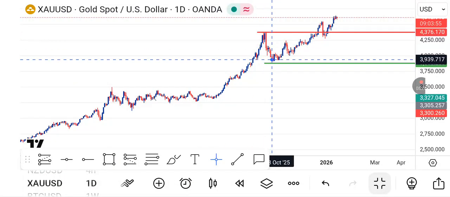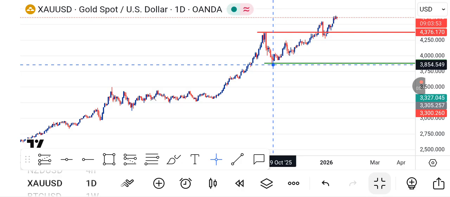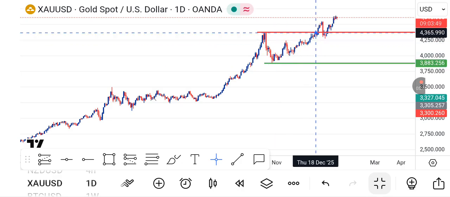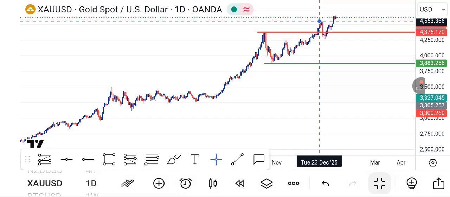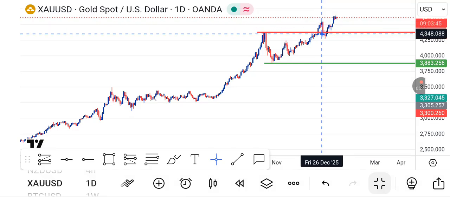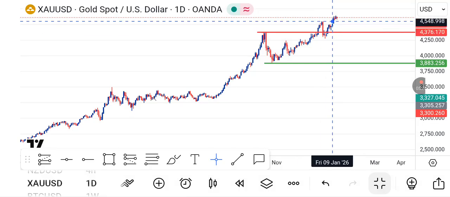This is the high and this is the low of gold USD. So what happened? There's a break of it and there's a pullback to retest and continue.